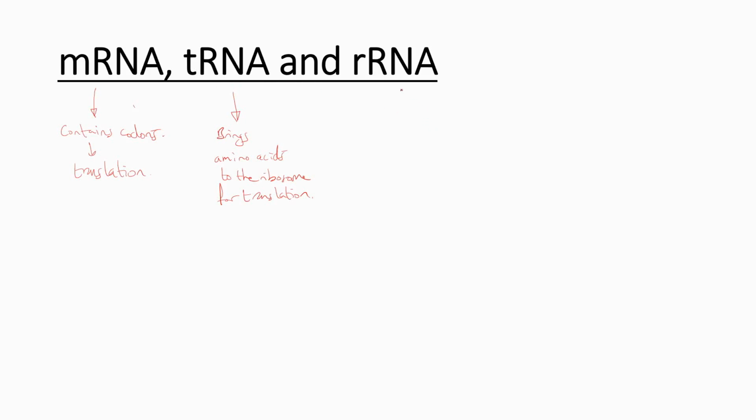Then we have ribosomal RNA or rRNA, and this rRNA is associated with ribosomal proteins. So it is part of the ribosome, and it's a very important feature, and it plays a very important role in the ribosome.